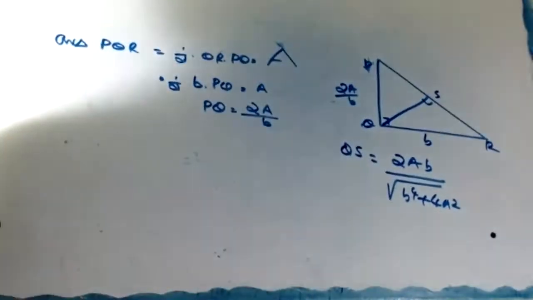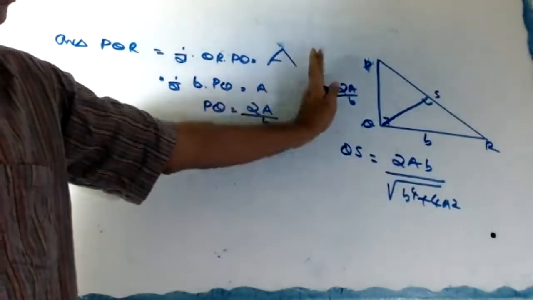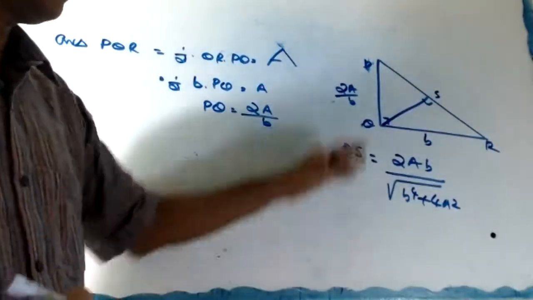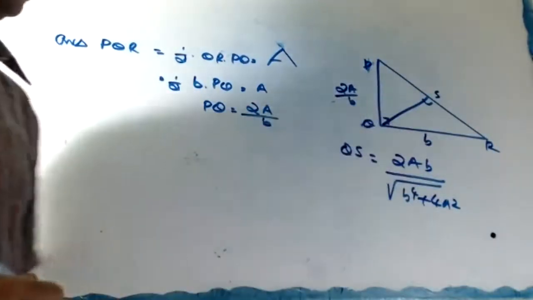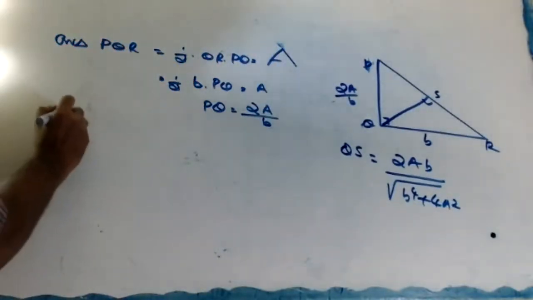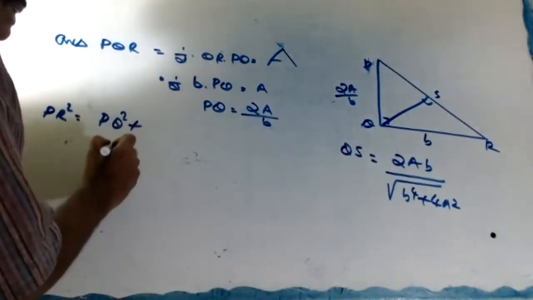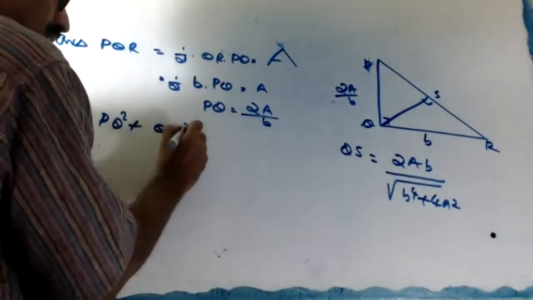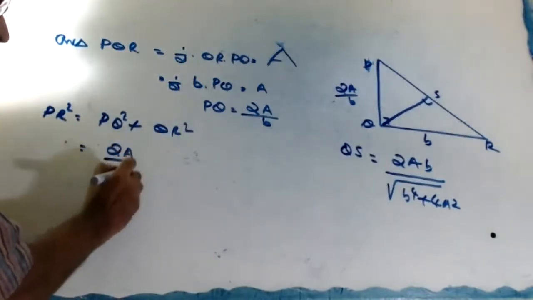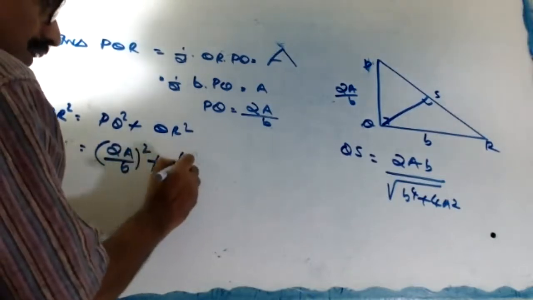Now we are going to find out PR. Our plan is first we got this side, now we are finding PR. After getting PR, we can find half PR into QS. PR square equals PQ square plus QR square, which is 2A by B whole square plus B square.